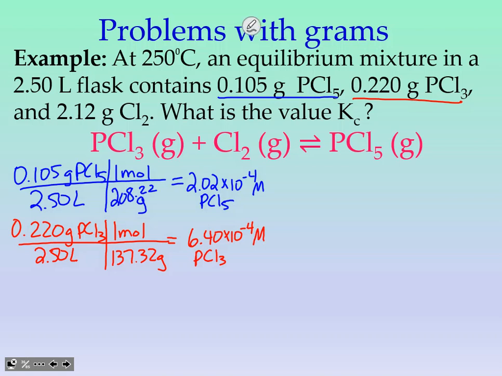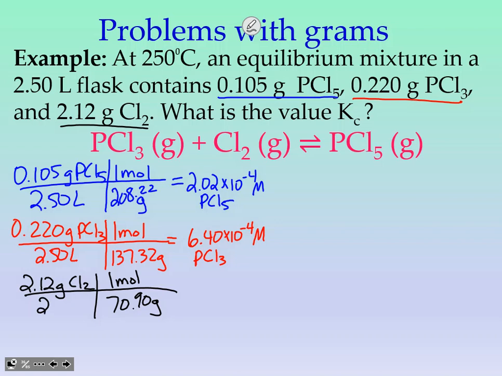All right, last but not least for the chlorine. 70.90 grams equals 1 mole, 2.50 liters. And this one, I'm getting 0.0120 molar of chlorine.